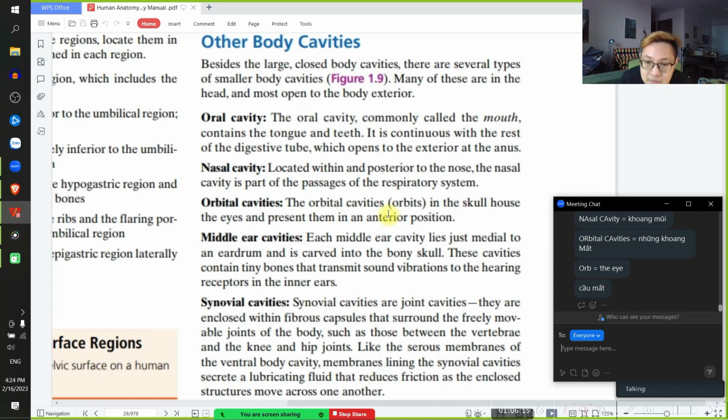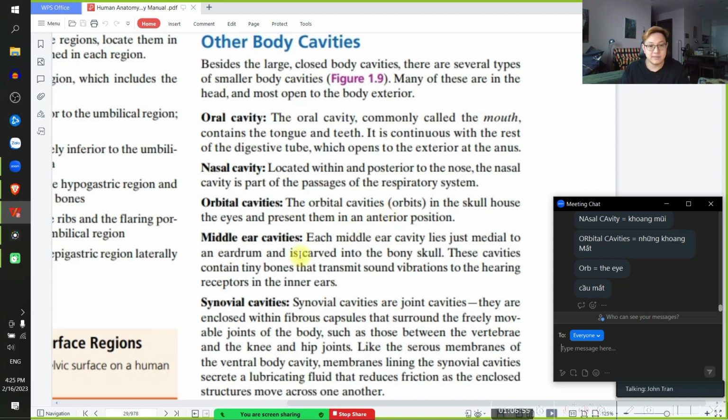The orbital cavities or orbits in the skull house, động từ to house, so verb, the eyes and present them in an anterior position. Cái khoang mắt nằm ở trong cái xương sọ, nó chứa hai con mắt ở cái vị trí phía trước. Of course, anterior position to the body, phía trước cơ thể.